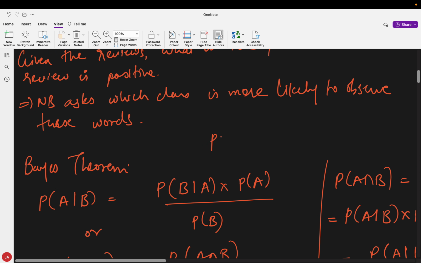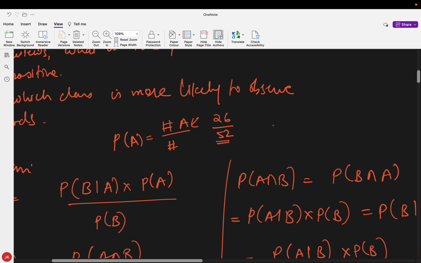Here, the simple probability formula is P of A equals the total number of times A occurred upon the total number of times the event has occurred. Like, let's say, what is the probability that a given card is a spade, or a black card? So the black card probability is 26 by 52.